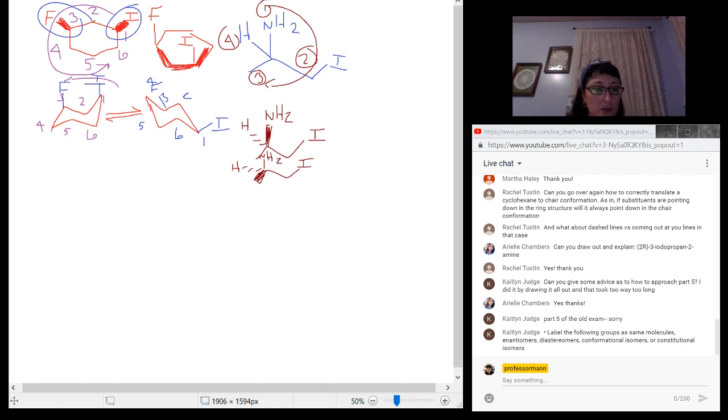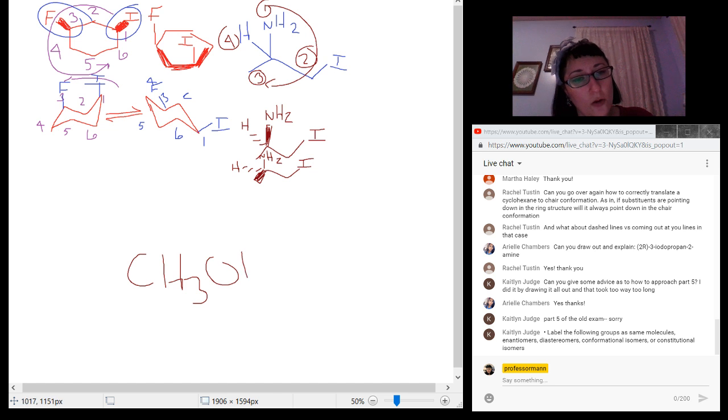You should be able to look at methanol and tell right away, even without writing it out, that it's achiral. So its mirror image is the same molecule. It doesn't have any enantiomers because it's achiral. So that one should be very, very fast.